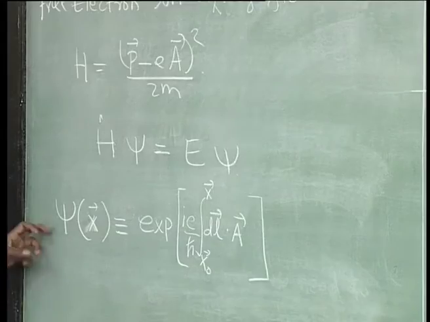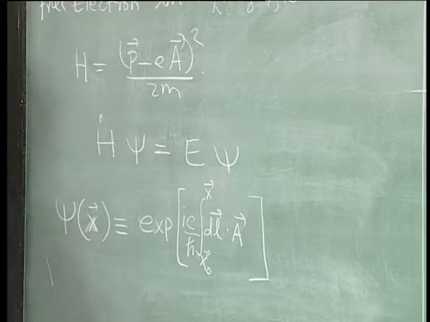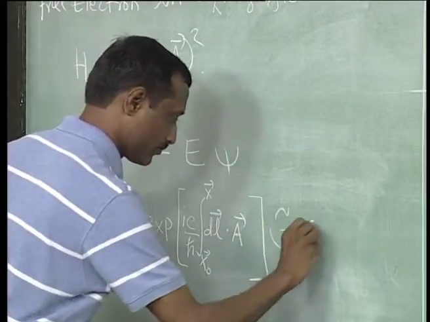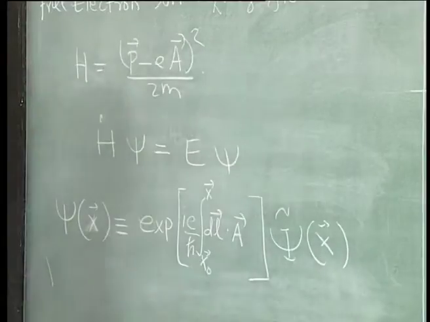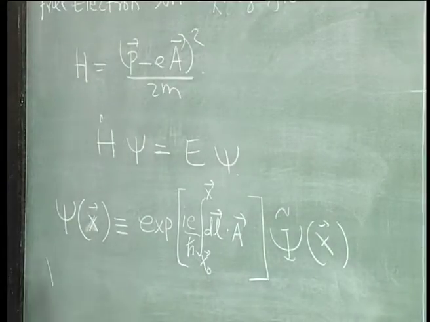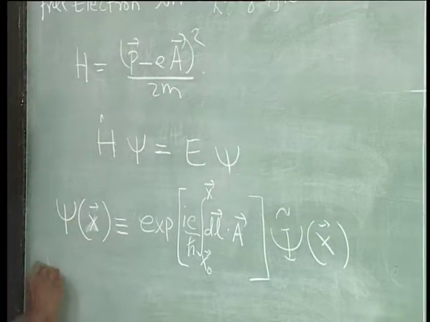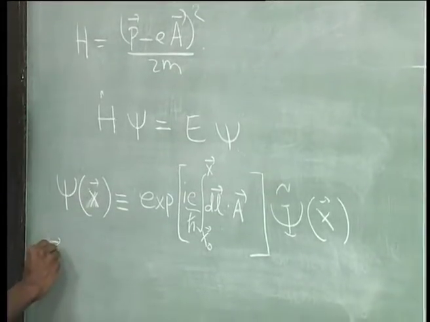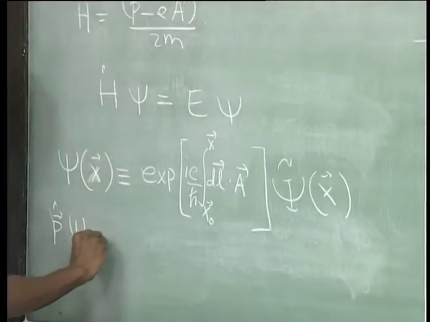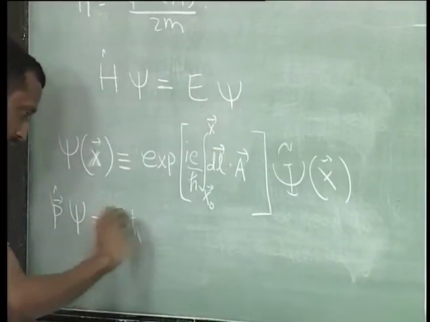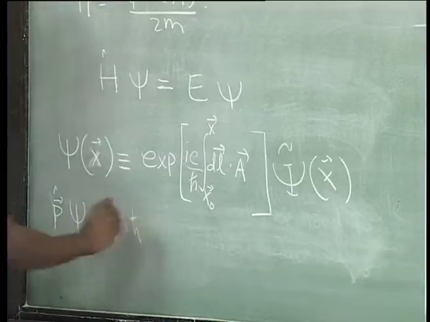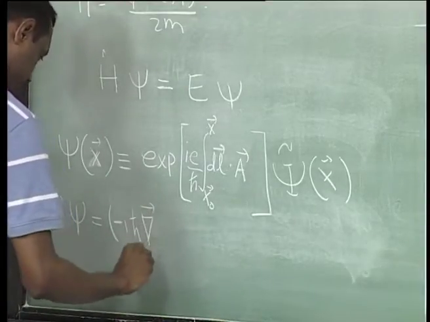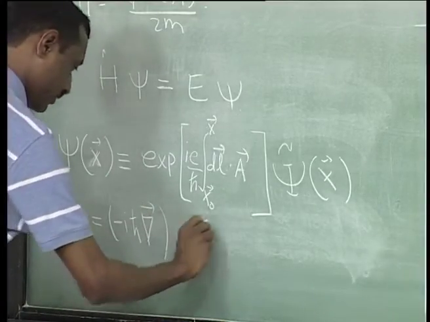Okay, and let us act on this with p, with the derivative, and ask what you get. So the operator p acting on psi is nothing but minus i h bar del acting on psi of x.